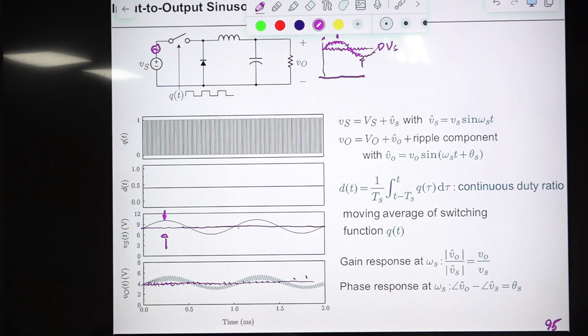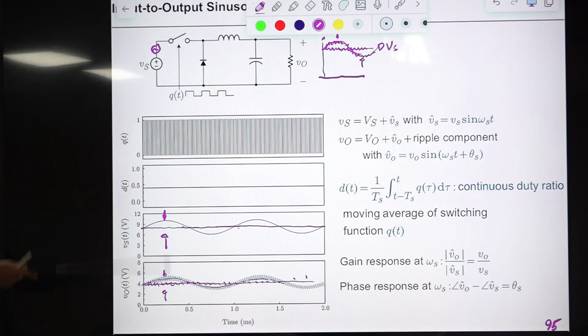When the average is taken, you want to relate this one and this one using the concept of sinusoidal component, and you sweep this evaluation frequency, and that will be the frequency response of this converter. Okay, so the concept is very similar to the LTI system, but we are just forgetting this DC component and this ripple component. That is the basic idea.